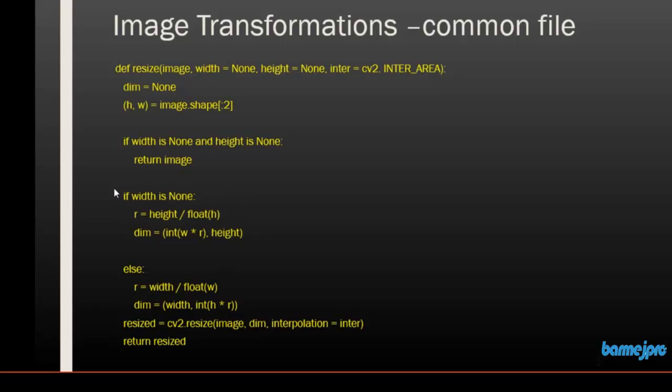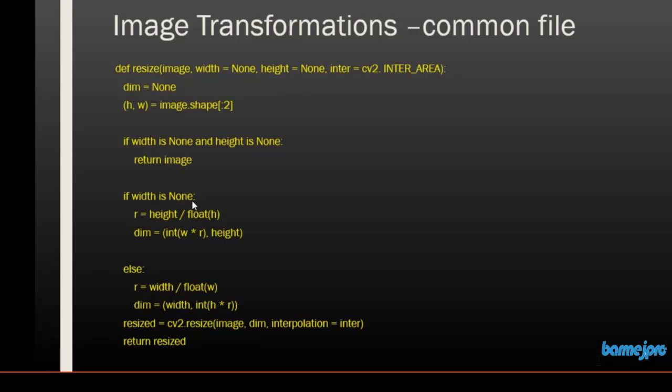And if the width is None, the user should specify some value for the height. While resizing, we accept only one value, either width or height, at a time. For example, if the user is applying width, then we take width. If the user is applying height, then we take height.